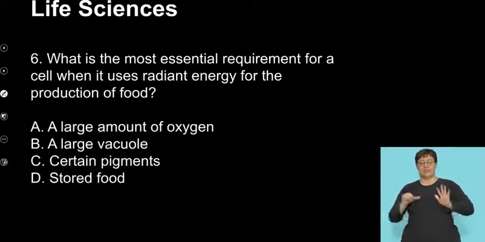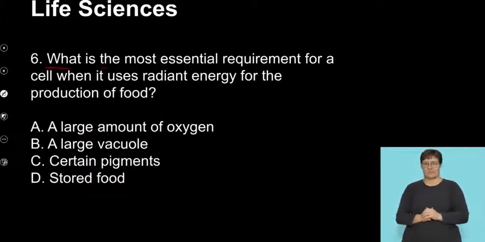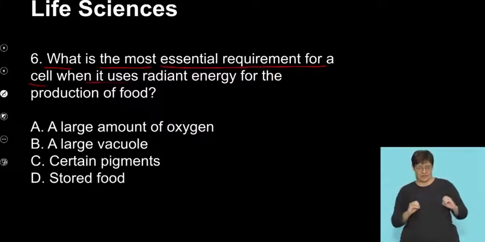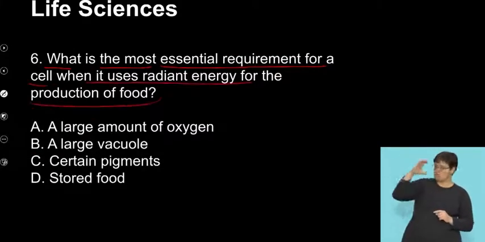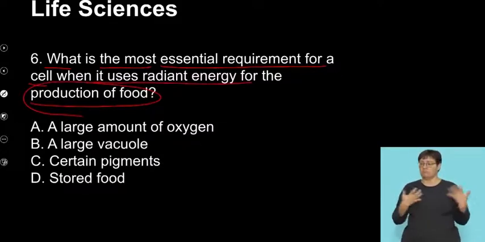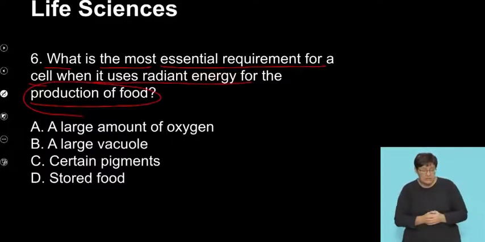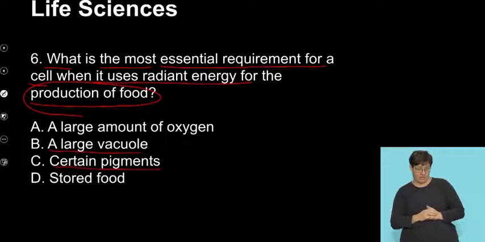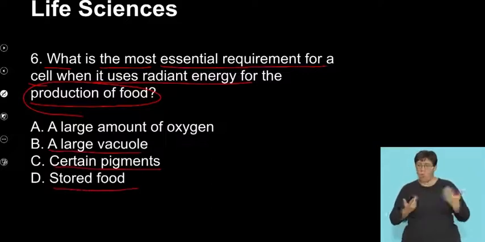Let's look at 6. What is the most essential requirement for a cell when it uses radiant energy for the production of food? So, is it a large amount of oxygen, or a large vacuole, certain pigments, or stored food?